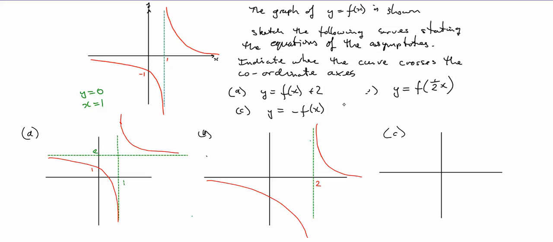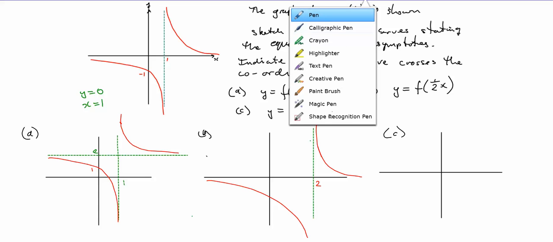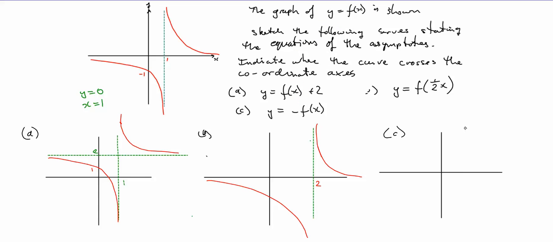The third graph, C, y equals minus f of x. This is a reflection in the x-axis. So if we reflect the vertical asymptote, it will remain where it is, at 1, and so we'll reflect both parts of the curve.